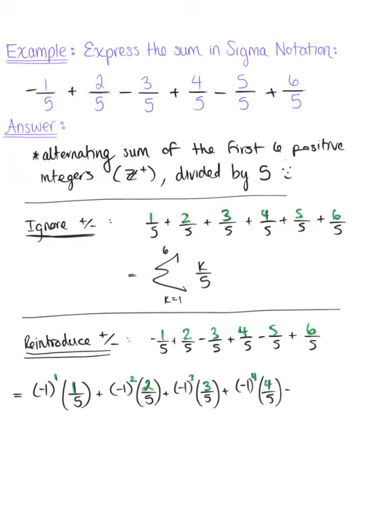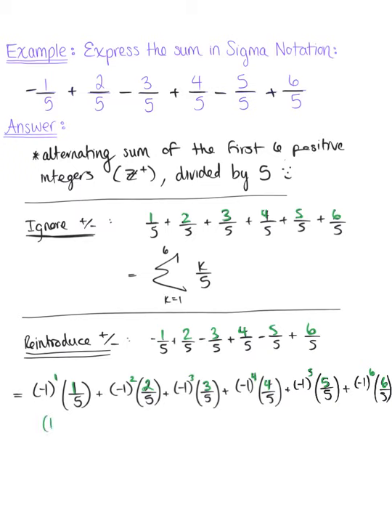And we have 2 more terms. We have negative 1 to the 5th multiplied by 5 divided by 5 plus negative 1 to the 6th multiplied by 6 divided by 5. And so again, for these last 2 terms, the power of the alternating portion matches the integer in the numerator.